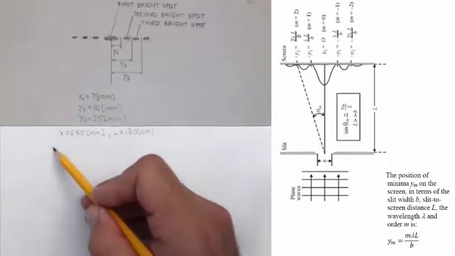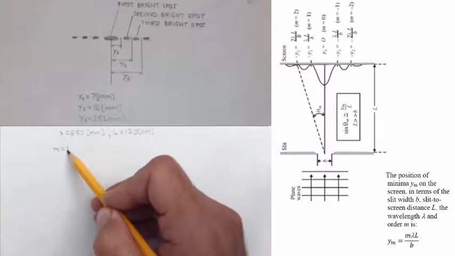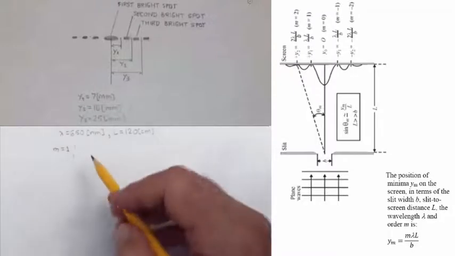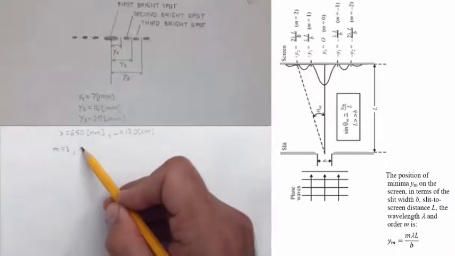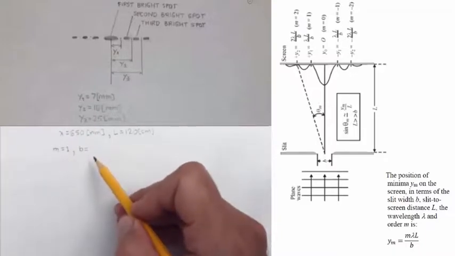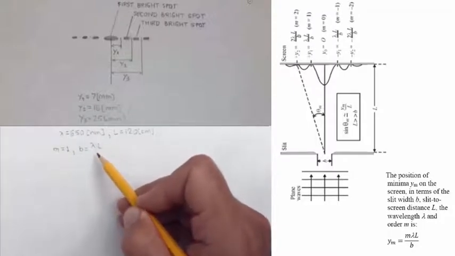Now for the first order dark spot in our diffraction pattern for m equal to 1, if you use the formulas given on the right, we come up with the following formula for the width of the slit: lambda times L over y1.